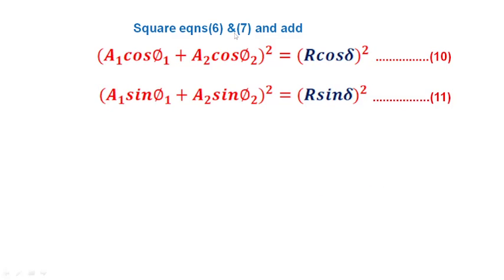Square equations 6 and 7 and add. A1 cos phi 1 plus A2 cos phi 2 bracket square is equal to R cos delta bracket square, and A1 sin phi 1 plus A2 sin phi 2 bracket square is equal to R sin delta bracket square.